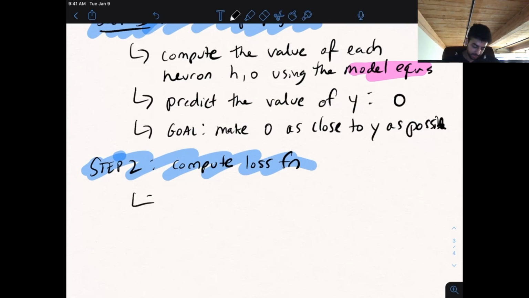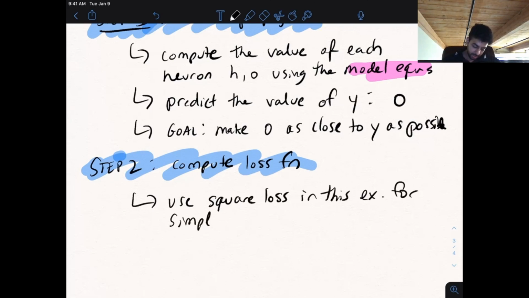Since we're in this simplified case, we'll just use the square loss for simplicity. In the next video, we're going to look at the loss function used for neural language models, which is a cross-entropy loss. But here we'll stick to something simple.